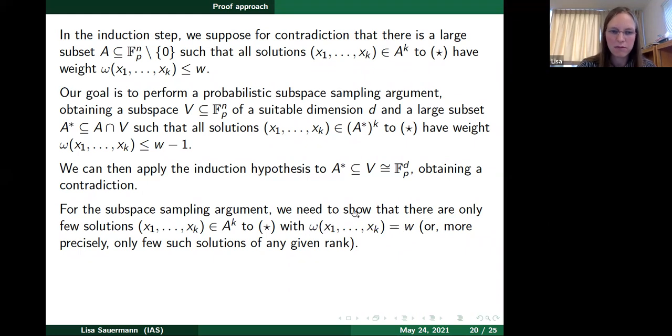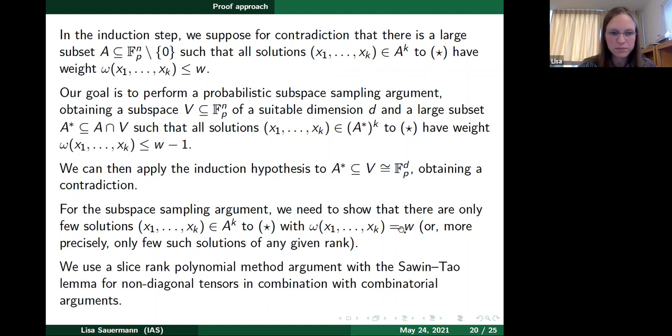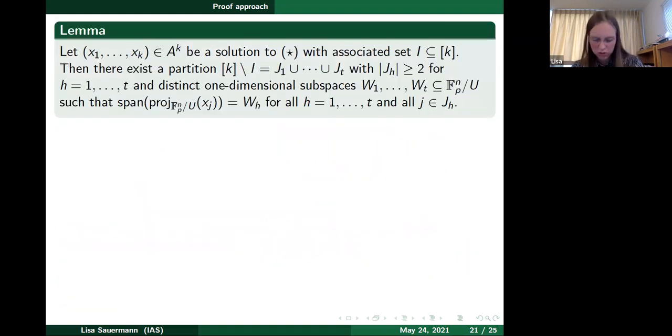So roughly speaking, we want to show that there are only few solutions to the system where the weight is equal to W. And in order to bound the number of solutions with weight equal to W, that's where we use the slice rank polynomial argument with the Sawin-Tao lemma for non-diagonal tensors in combination with combinatorial arguments from the setup. And so the way we connect those two things is via the following lemma.